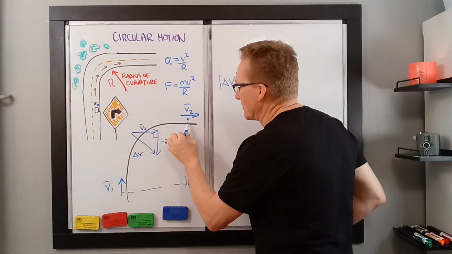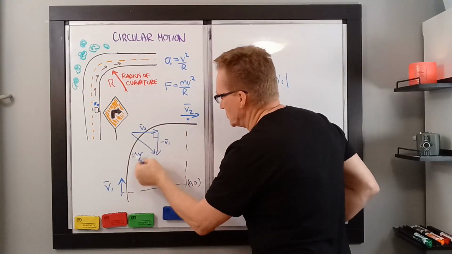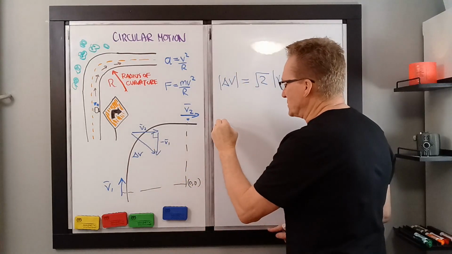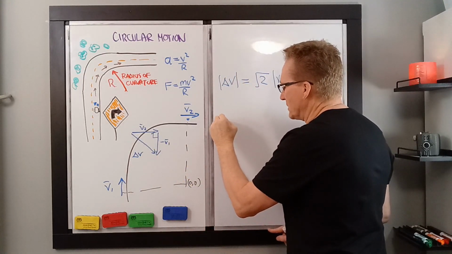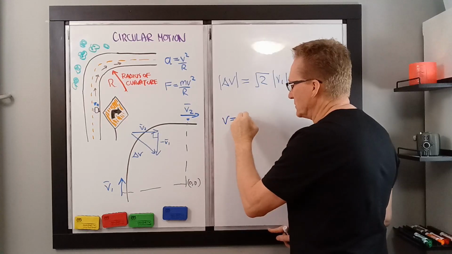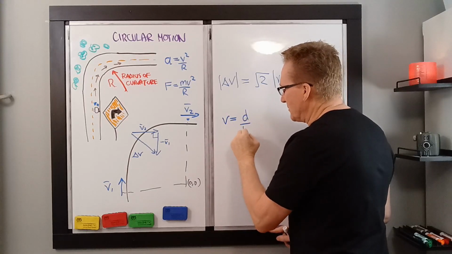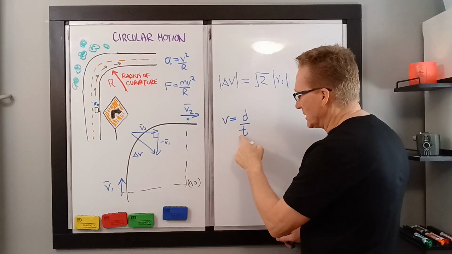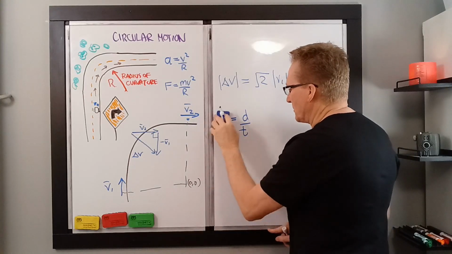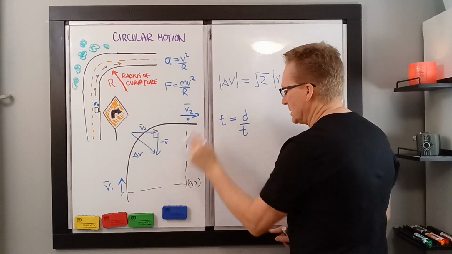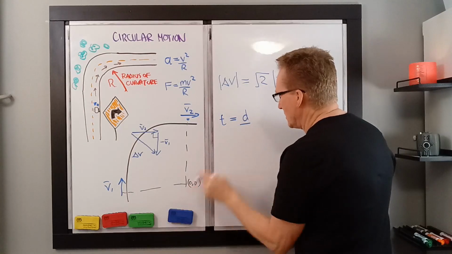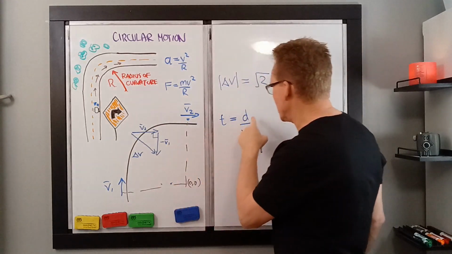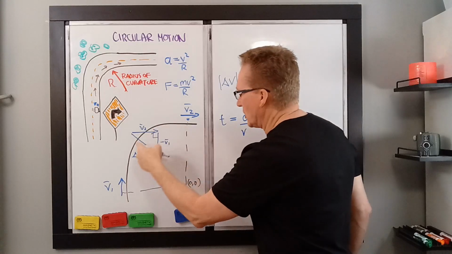How much time occurs during this quarter of a circle? Well, because we want to have the change in time. So if you remember, velocity is equal to the distance you go divided by the time. If we want to solve for time, we'll move time over here and velocity down here. So what distance do we go here? That distance would be this arc length.